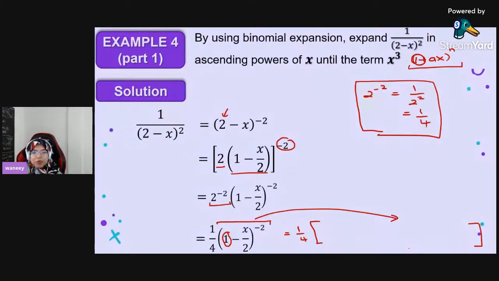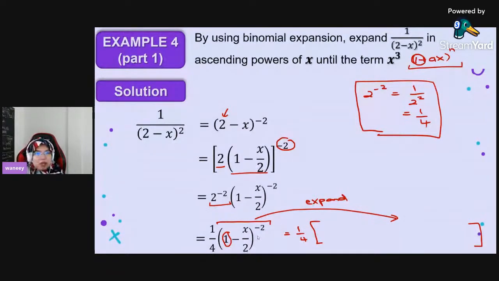So that is our aim. We have 1 over 4, and we write down 1 over 4 and leave a big bracket because we want to expand 1 minus x over 2 to the power of negative 2.